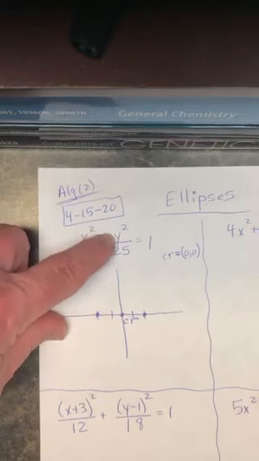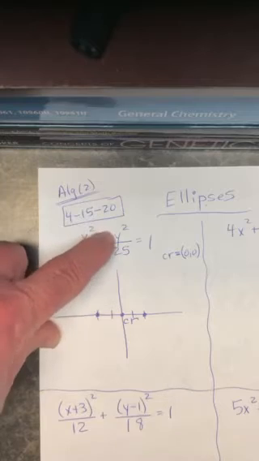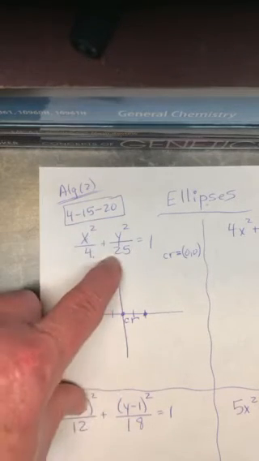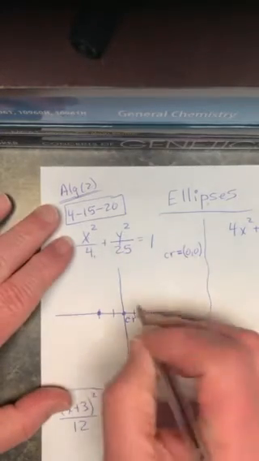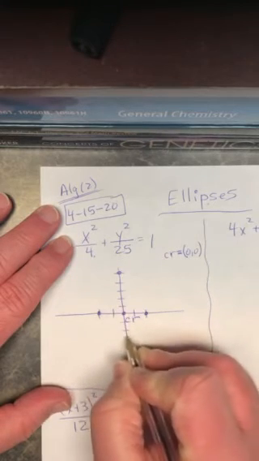So the y squared has a 25 under it, and of course the y-axis runs up and down vertically, correct? Since there's a 25 under there, the square root of 25 is of course 5. I'm going to go up 5 and down 5.